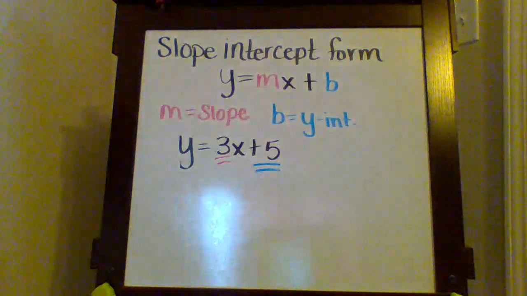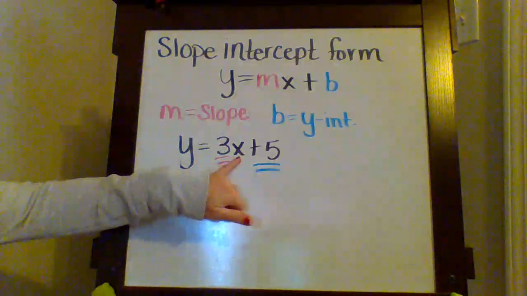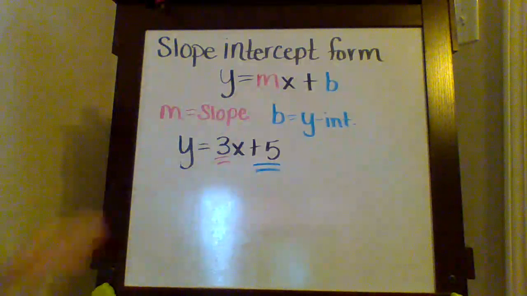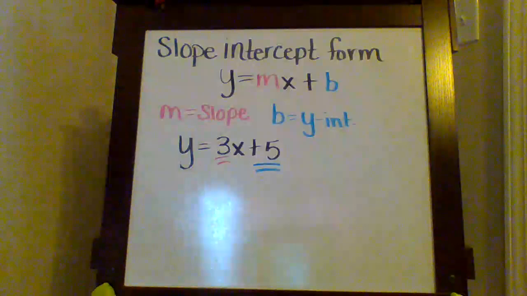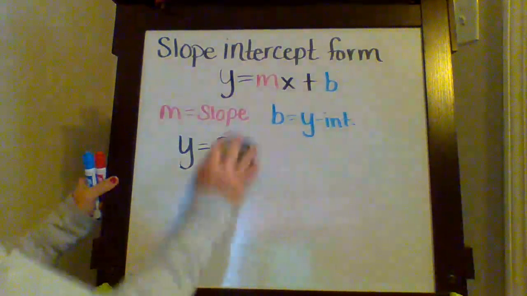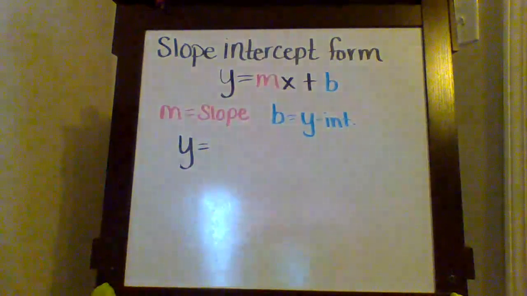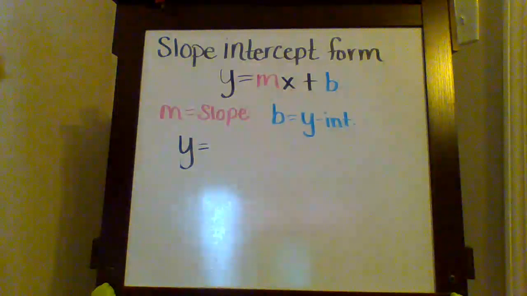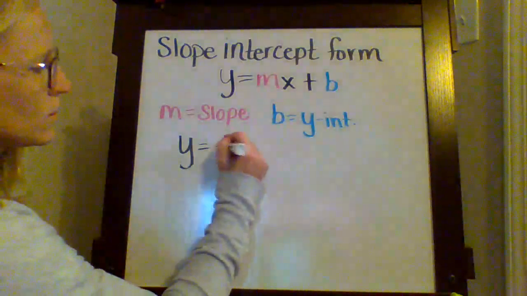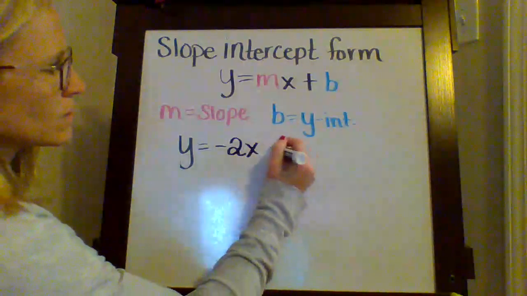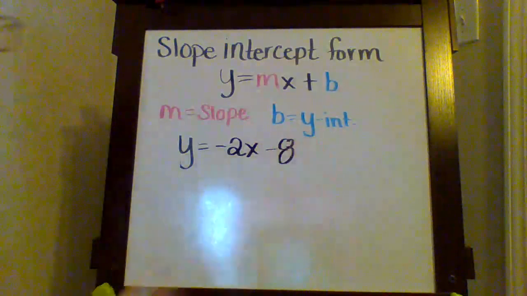Now, one common mistake that people tend to make is they say that my slope is 3x. x is not part of your slope. It's just your coefficient. So in this equation, 3 is my slope and 5 is my y-intercept. So let's try another one. What about if we had something like y = -2x - 8?